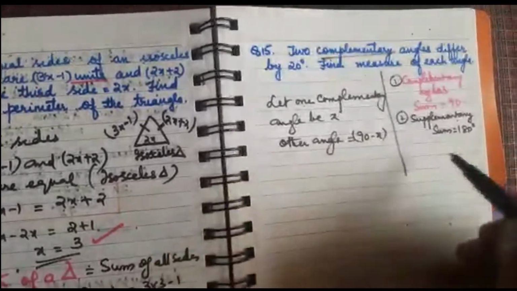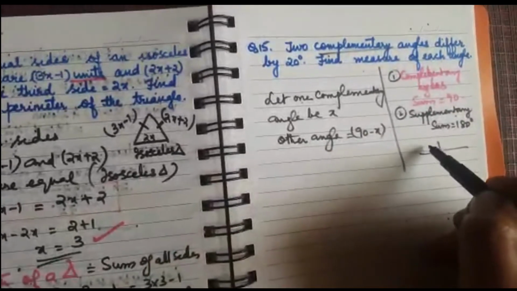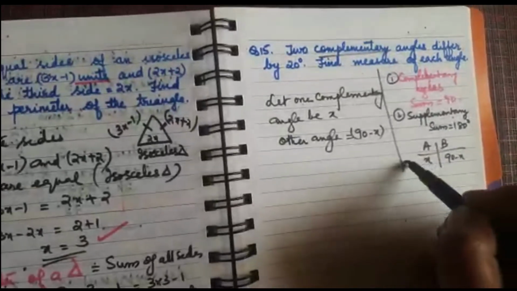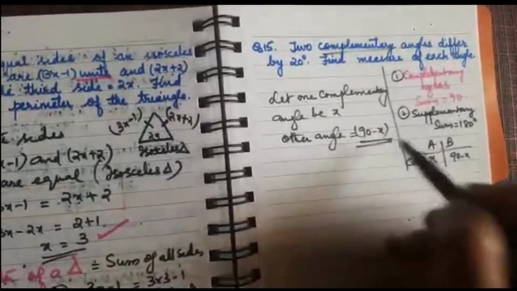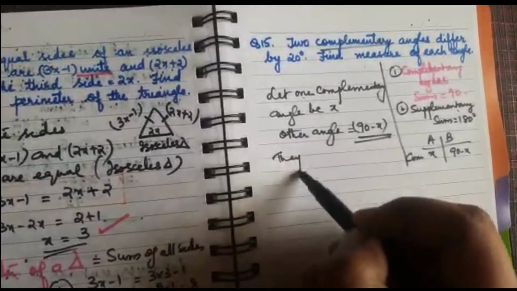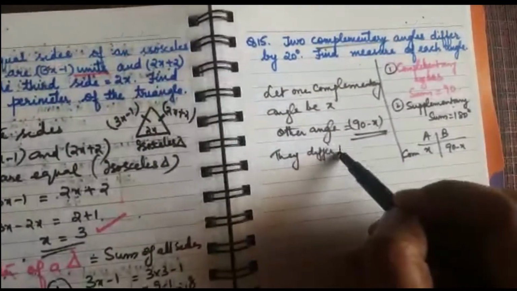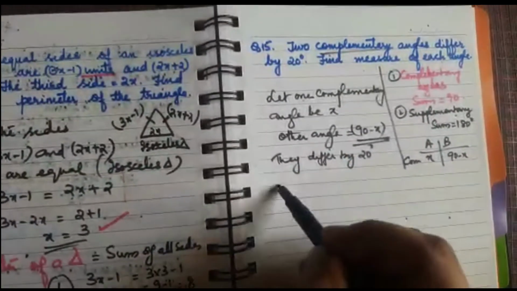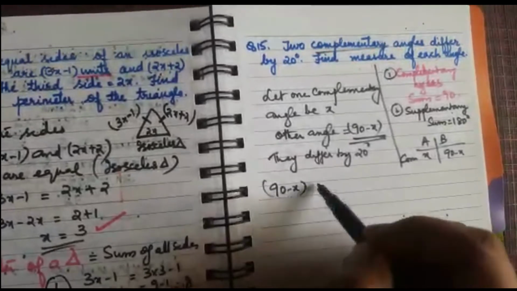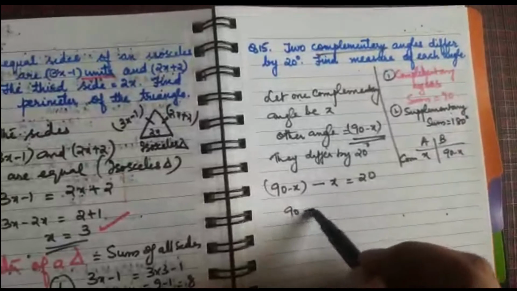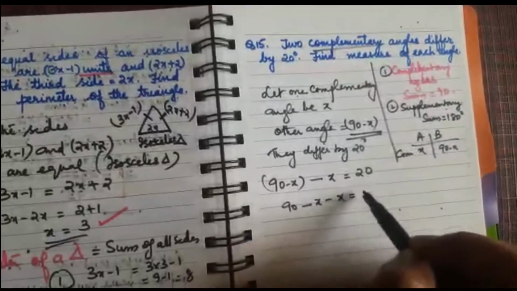If this is x, this will be 90 minus x because it is complementary angles A and B. They differ by 20 degrees. That is given. So if they differ by 20 degrees, that means 90 minus x minus x is equal to 20.